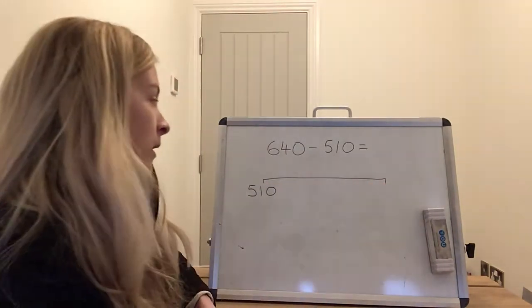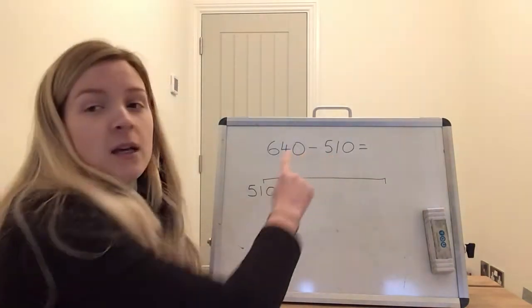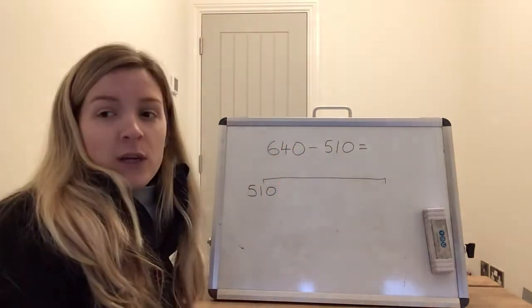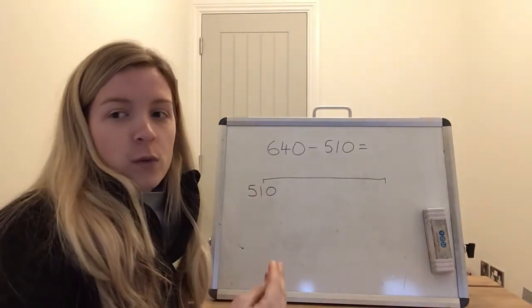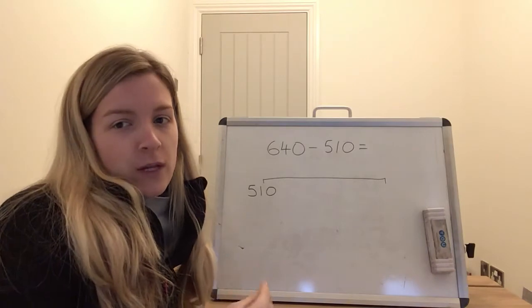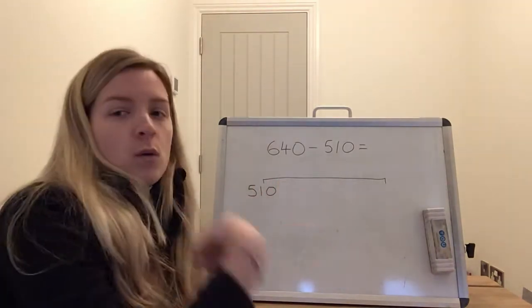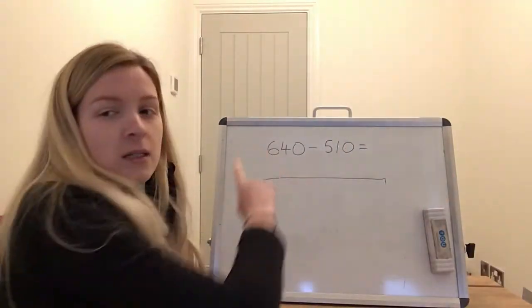Now, we need to get up to this number here. So we could jump forward in multiples of 10, or we could jump forward in several multiples of 10. So why don't we go from 510 all the way up to 600?